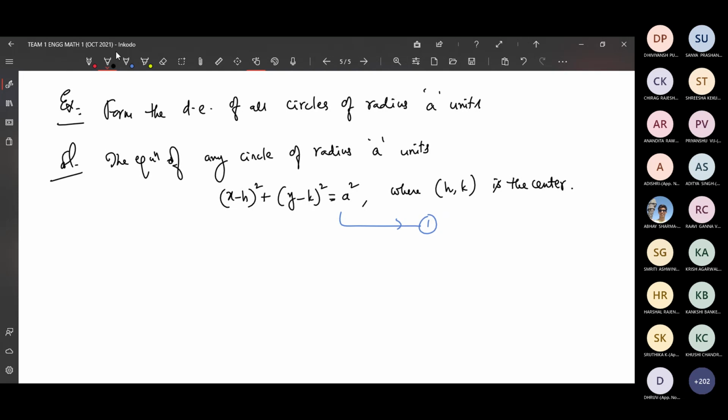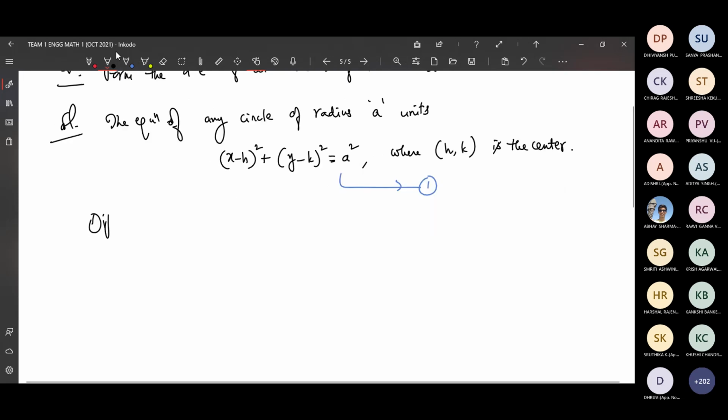So differentiating 1 with respect to x. Write the step carefully: 2 times x minus h plus 2 times y minus k, and the y derivative is dy by dx, equal to 0.